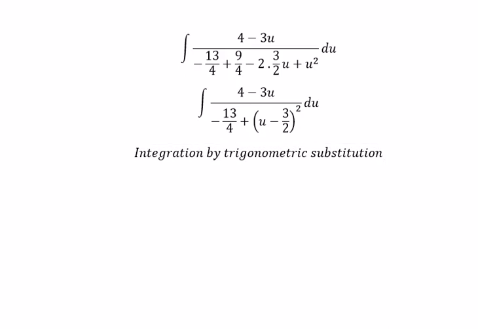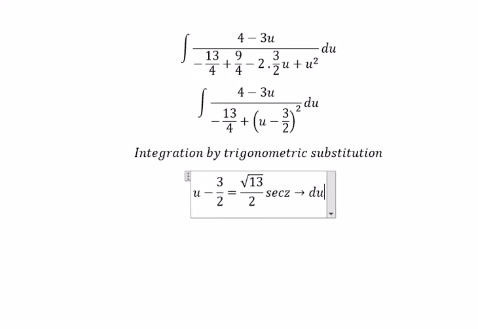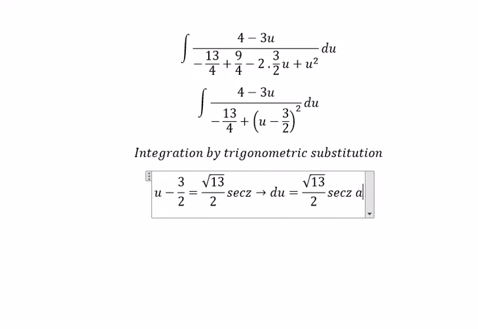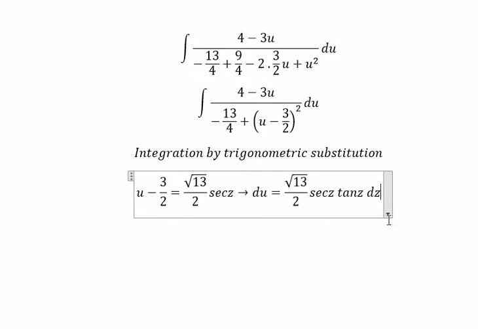So we put u minus 3 over 2 equals the square root of 13 over 2, and that should be secant of z. du equals this one multiplied with secant of z tan z dz.